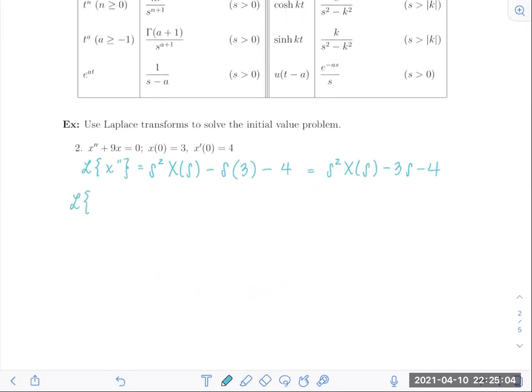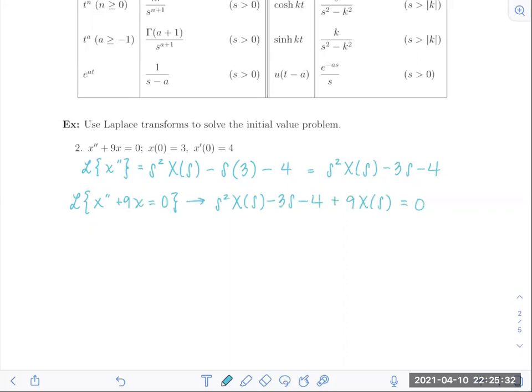Applying the Laplace transform on x double prime plus 9x equals 0, we get s squared X of s minus 3s minus 4. Then I need to add 9x, but when I transform it, it's 9 capital X of s. And then, of course, the Laplace transform of 0 is 0.